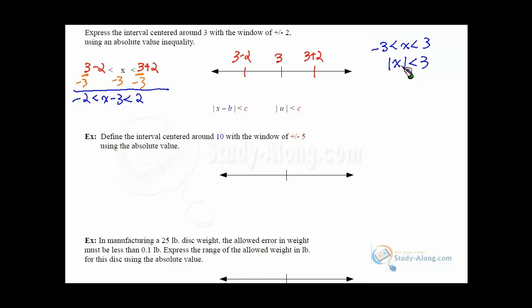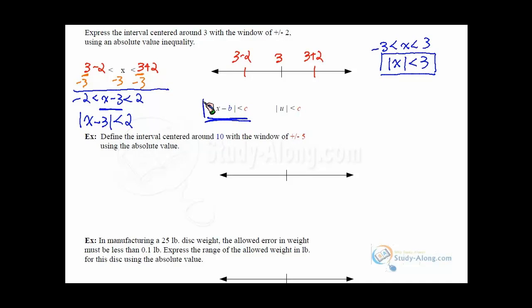So, this is what the answer would be if it was simplified like that. So we look back here. This time, instead of just x, we've got x minus 3. So the absolute value of x minus 3 is going to be less than 2. Does that make sense? So in variable form, here it is. Here's the formula. That's all you're going to need to know. Absolute value of x minus b, b being the center, is less than c, the plus or minus variable.